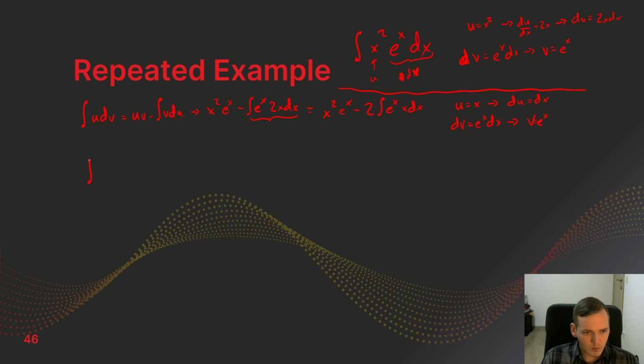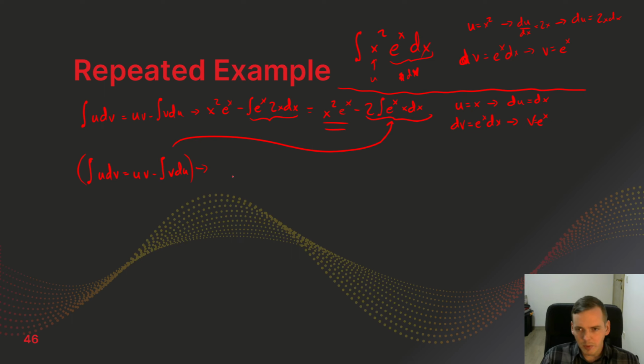And then we have a new integral of u dv equals uv minus the integral of v du. And recall, this is just for this expression here. We will have to add back in the x squared e to the x at the end, but I'm just working on this second term.